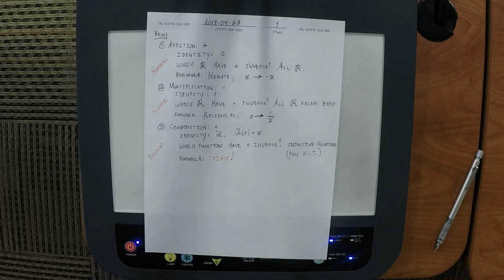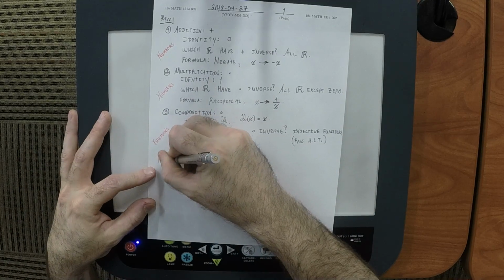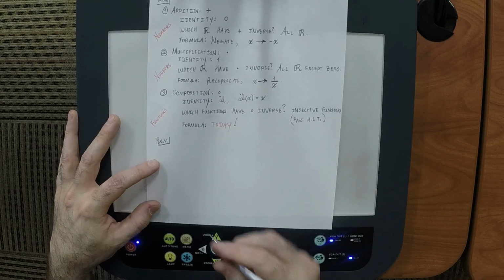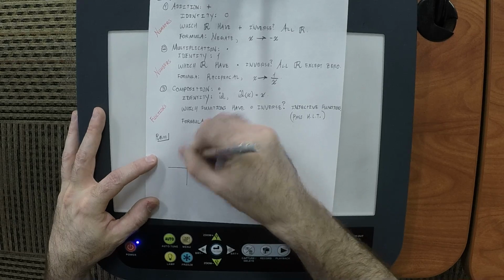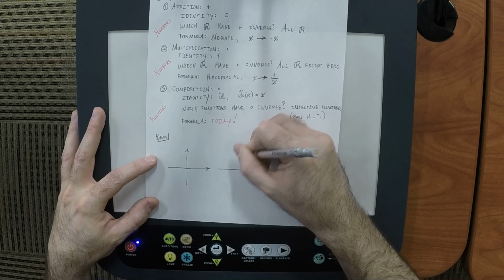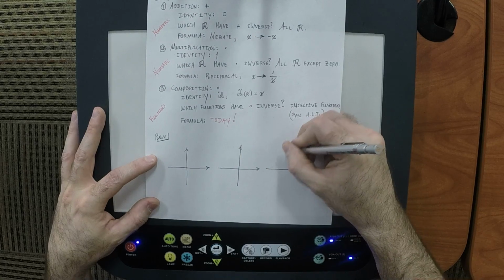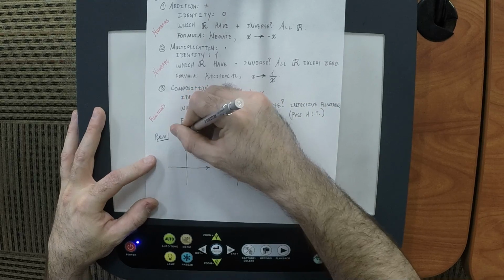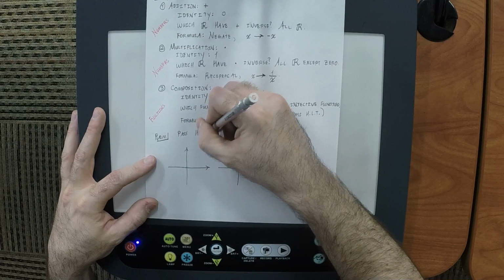Okay. That being said, I want to remind you a little bit about the horizontal line test. So here are 3 functions, or 3 plots, and the prompt is which ones of these pass the horizontal line test.